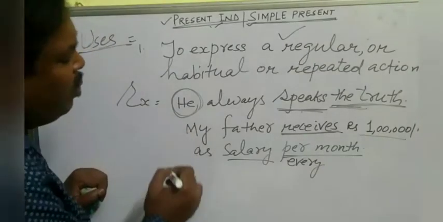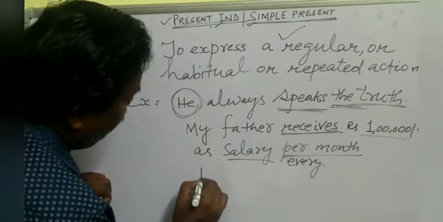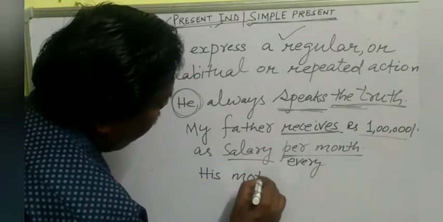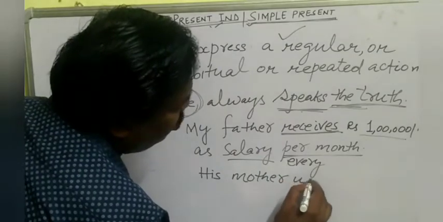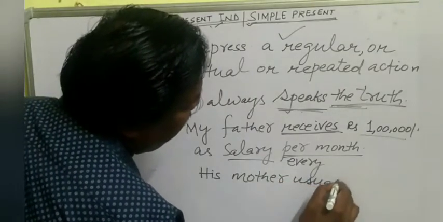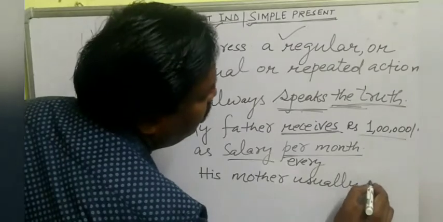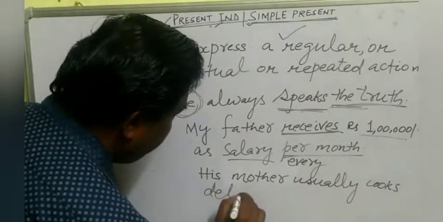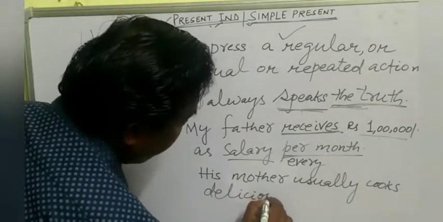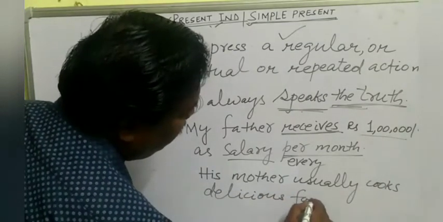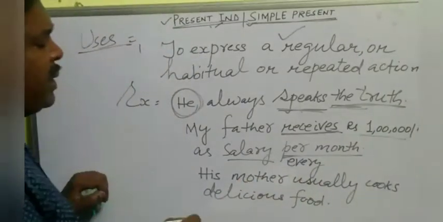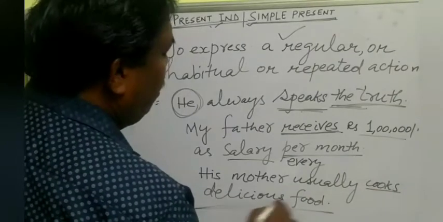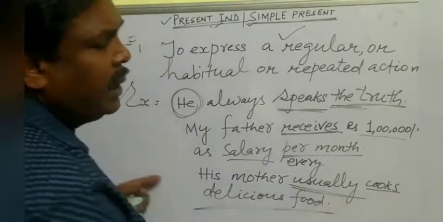Next, one more example: his mother usually cooks delicious food. The action of cooking delicious food is done usually, meaning commonly, normally.